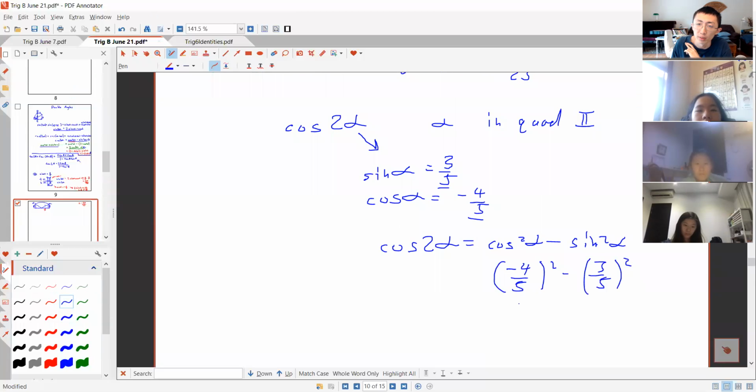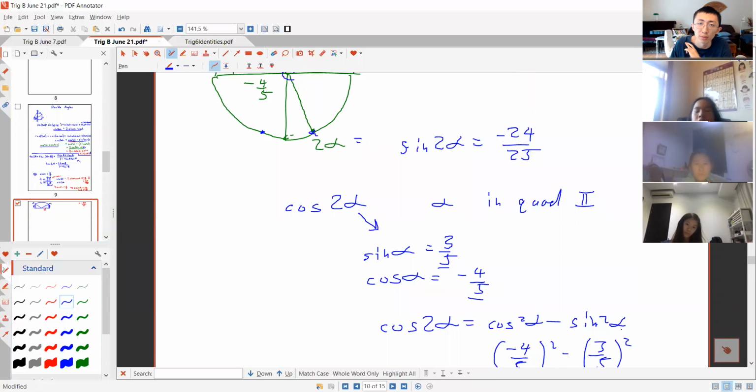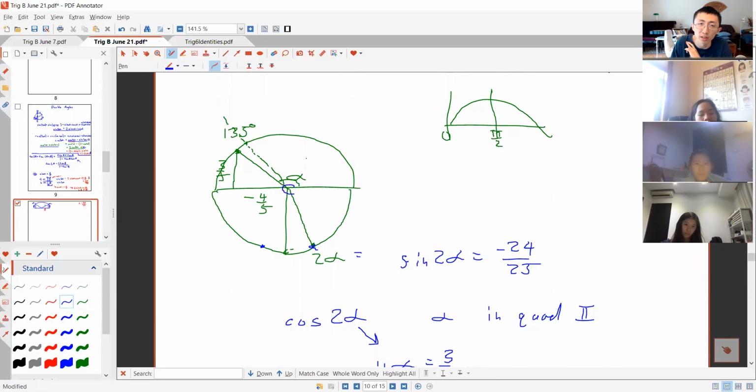So that's going to be 16 minus 9 over 25. So this is a positive number. And it makes sense because we saw here this angle is right above 135 degrees, so this is right above 270 degrees. So it makes sense that this is positive.